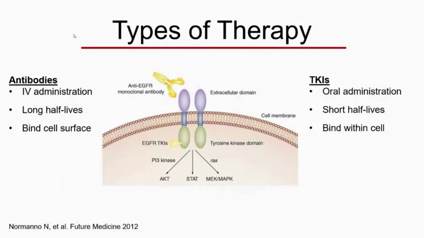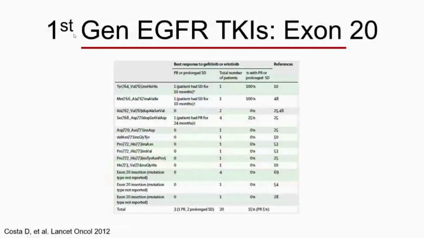If you look at the figure, you see EGFR TKIs are within the cell, binding the kinase domain. That's the activation, signal-sending domain. By contrast, antibodies, the bullet points on the left, are intravenous, they have a long half-life, and they bind on the cell surface, illustrated by the yellow antibody schematic. So they bind different regions. Go to the next slide.